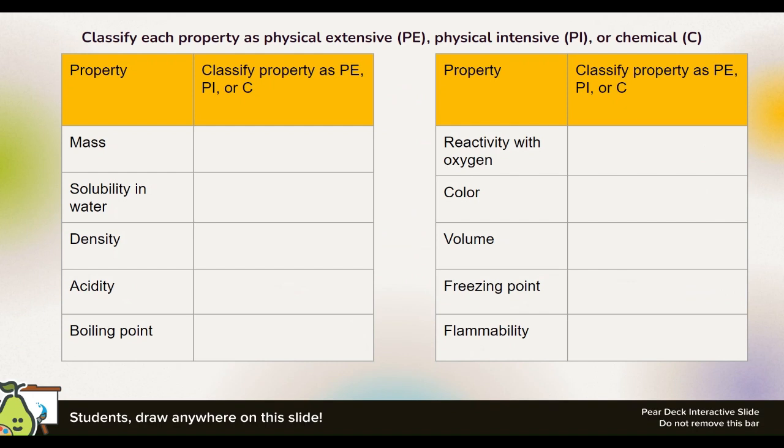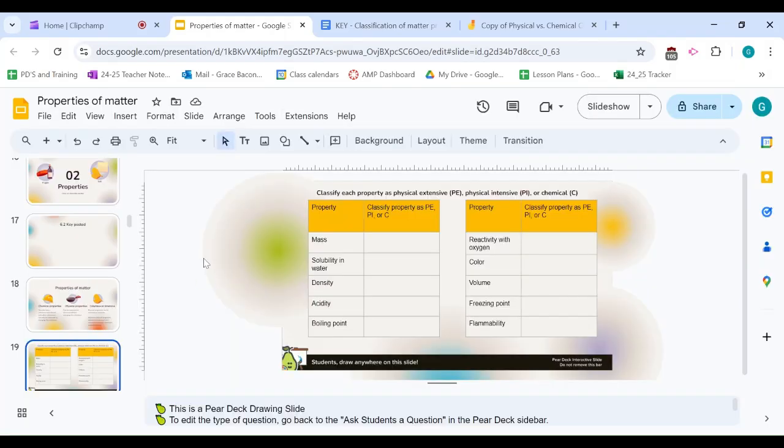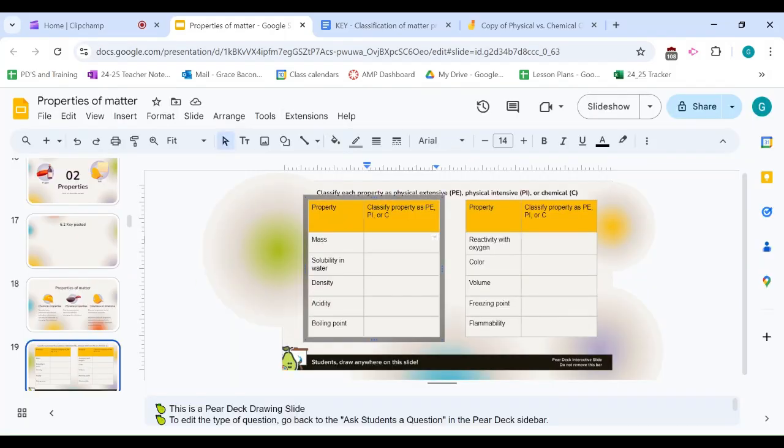All right, so I have a couple of examples here. Obviously, you guys can't fill in on this Pear Deck right now, so we'll just go through these and I'll classify them each. Mass is a physical property because I can observe it without changing the chemical substance. And it does depend on how much of the substance I have present.